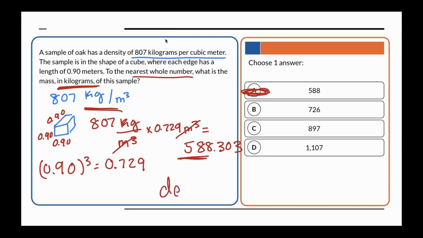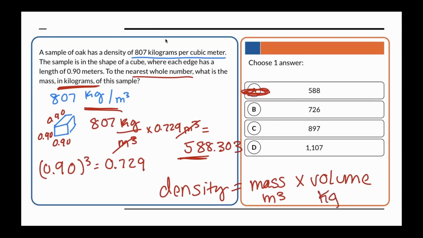Density, you do not need to know this for the test, is mass times volume. Okay, and mass would be meter cubed. Yeah, and volume is kilograms. Is it? No, it's the other way.